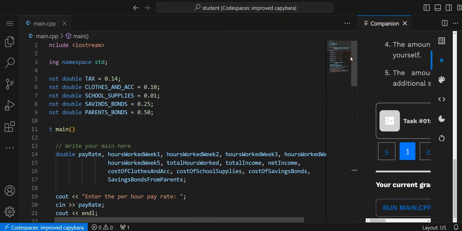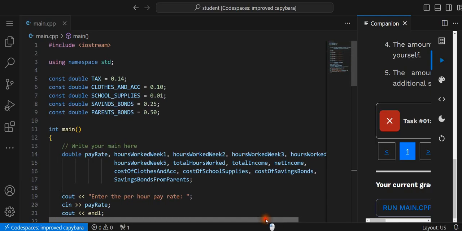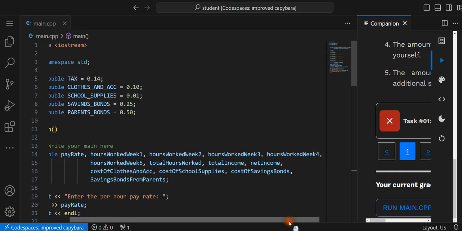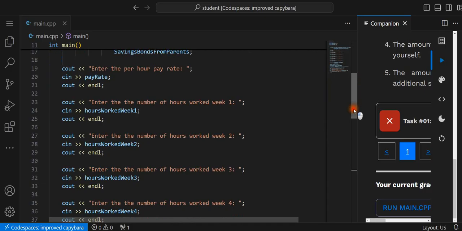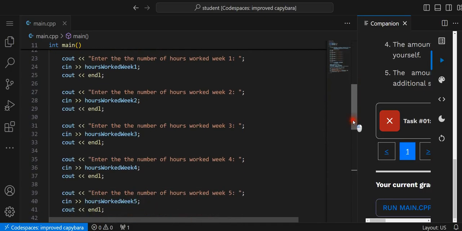Very top to line 21. If you're still working on that, go ahead and hit pause. And here's hours worked week 4. That's what this is, hours worked week 4. And then comma. So pause that.